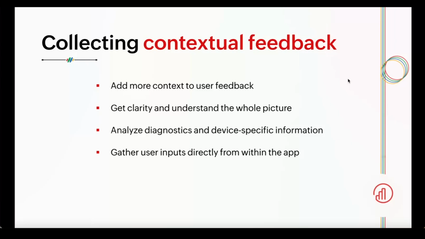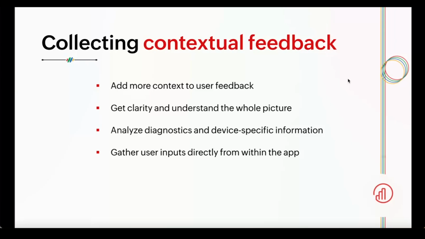Before we go into the console demo or the details of how the in-app feedback module works in Aptics, I would like to take a small example. Say you get user feedback saying your app isn't working, or they're not able to click, say, a pay button. Now, this is honest feedback that your users are providing, and that's a great thing.